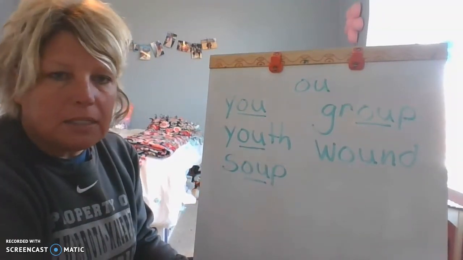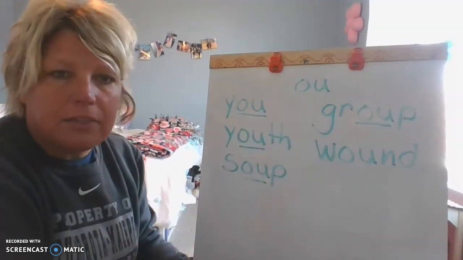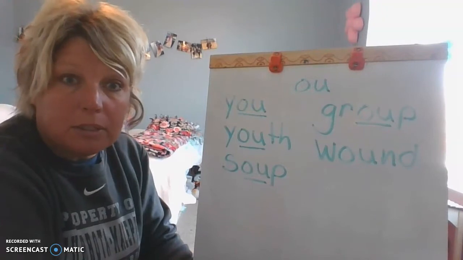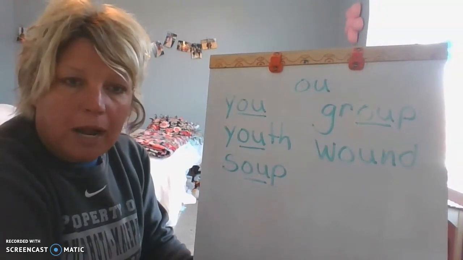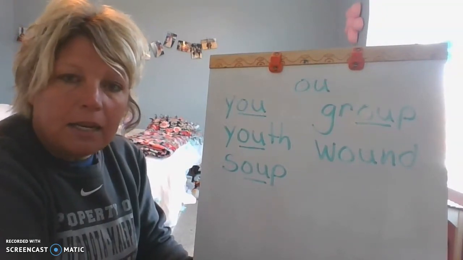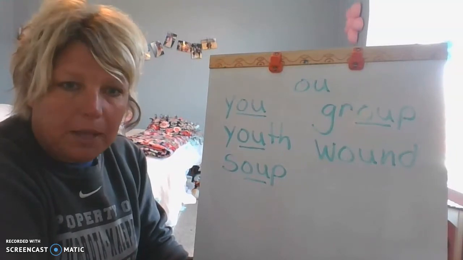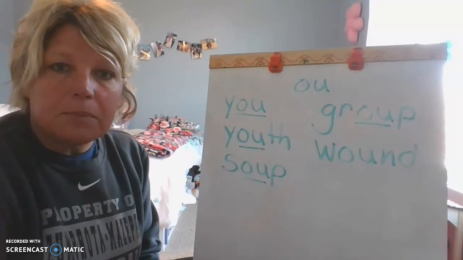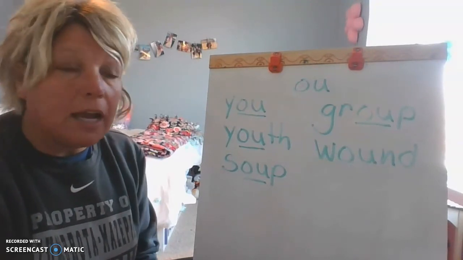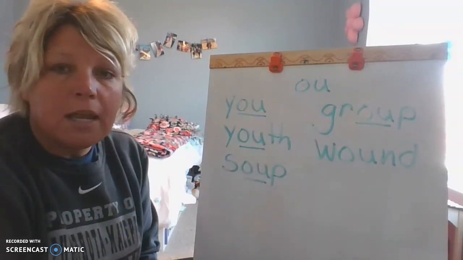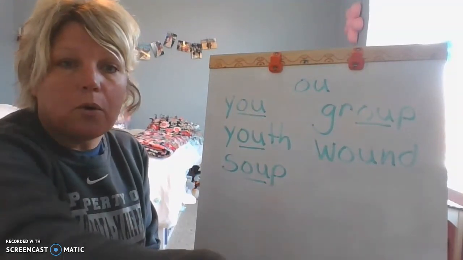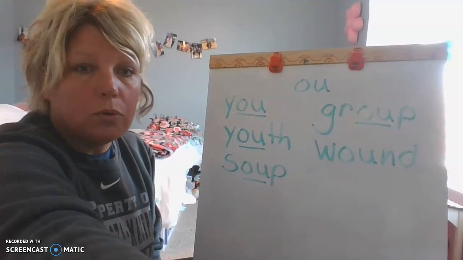So that's why we need to know the different sounds that these irregular vowel teams make, so that when we come across a word that we don't know, we can try it both ways. And it also helps us when we're spelling. On the next slide, I have some sentences where I left out some OU words, and I want you to fill in the sentences with the correct OU words.